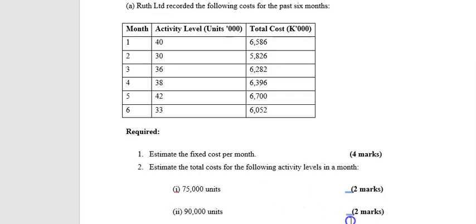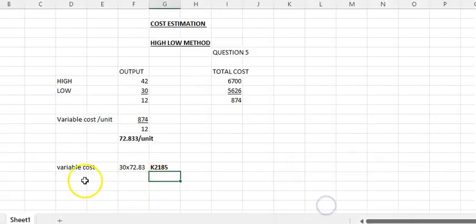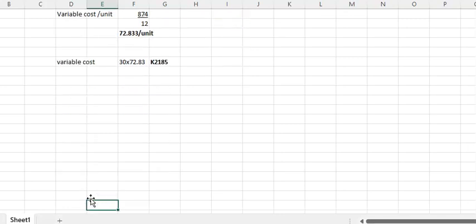We're going to say fixed cost will be equal to total cost minus variable cost.